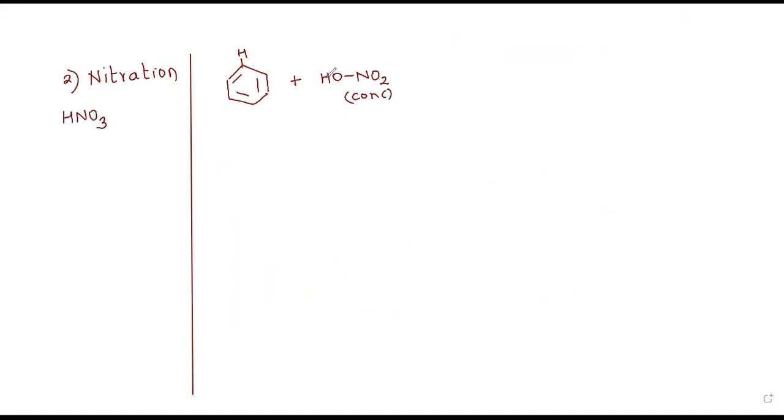We write it as HONO2 deliberately, in the presence of the catalyst sulfuric acid. This H along with OH moves out as H2O. The NO2 group goes and attaches in place of it. This is called nitrobenzene.